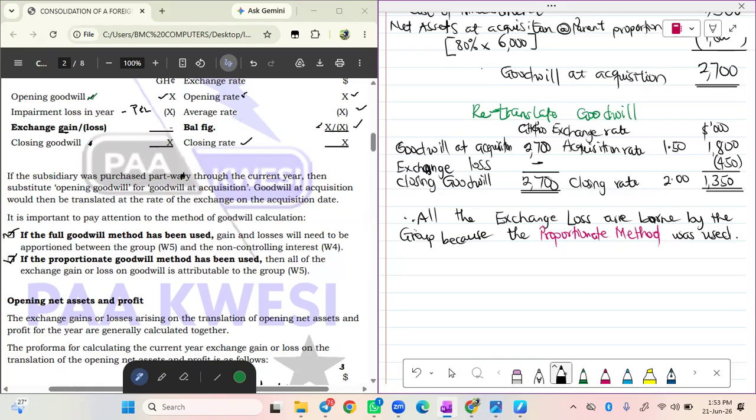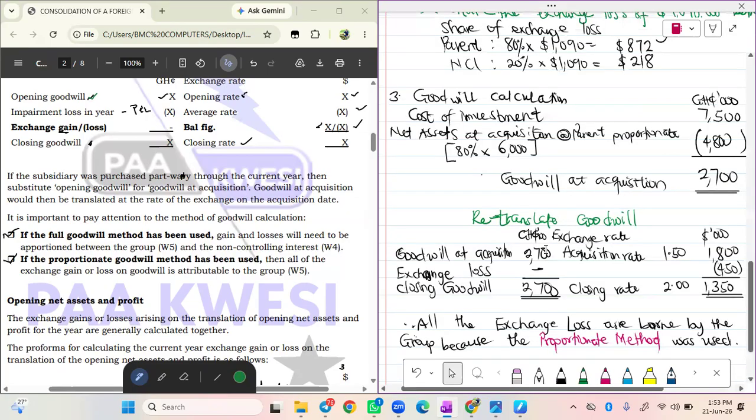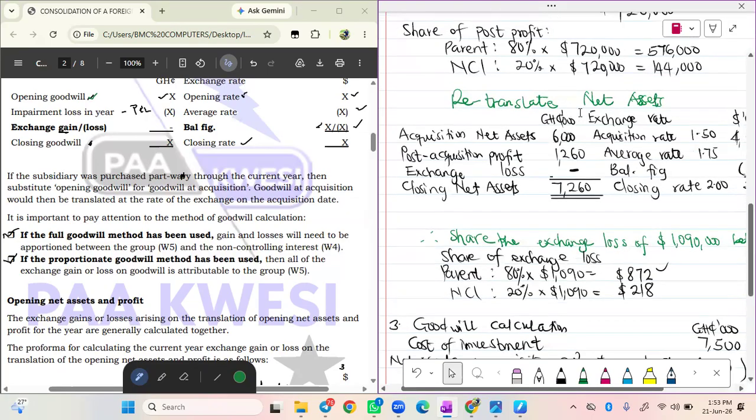But for the net asset, whenever you retranslate the net asset, the gain or loss that you get under net asset will be shared between NCI and Workings 5, group retained earnings, regardless of the method that they used.